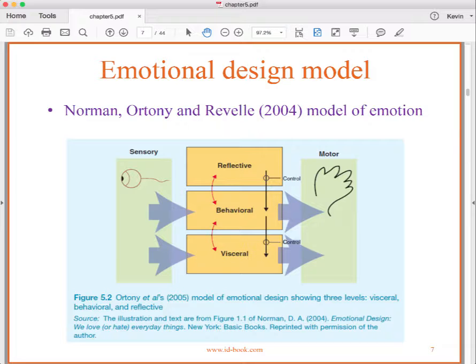So there is a bit of a delay there, and some deliberation. And then on the highest kind of level, it's reflective. So still driven in an emotional sense, less immediate than the visceral and the behavioral, and more reflective.